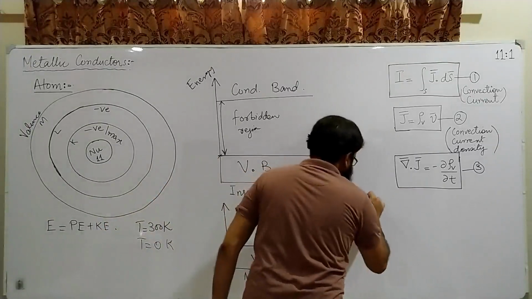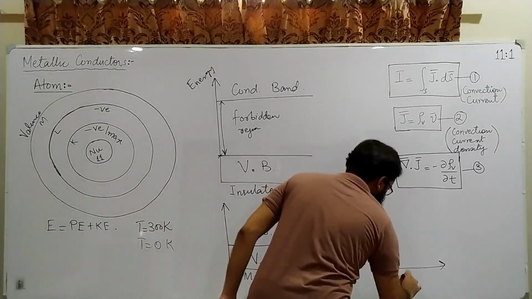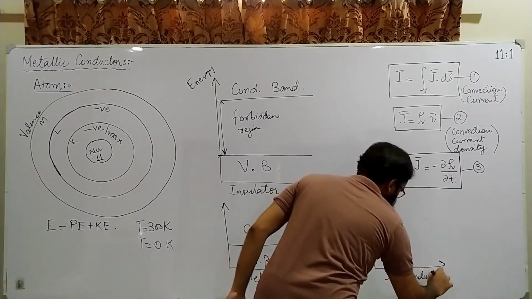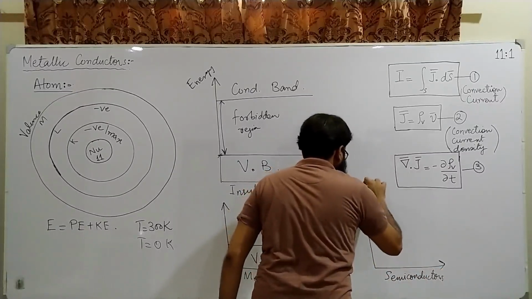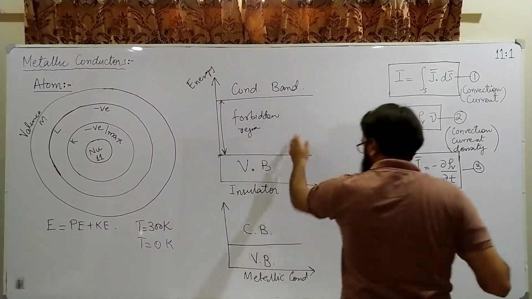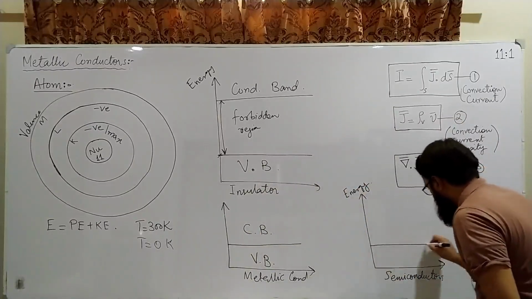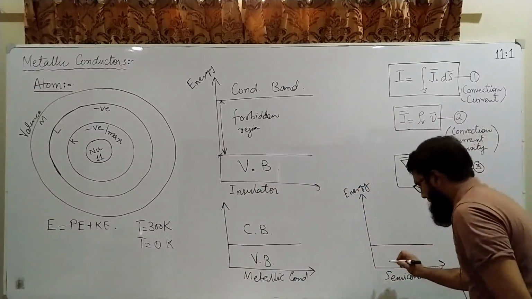Then there is a third type of material known as semiconductors. Semiconductors are generally a middle arrangement between insulators and metallic conductors.